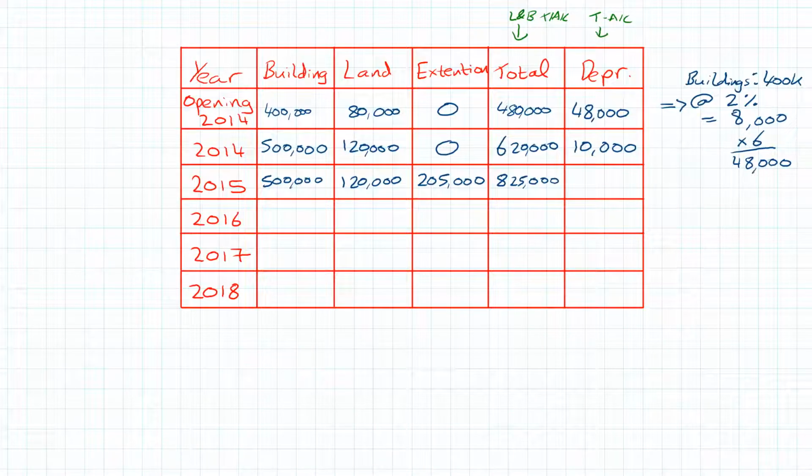So we're going to get 2% of either 205 plus 500, or you could say 825 minus 120. The same thing. So at the end of the day, it's going to be 2% of 705,000. And what that now gives me is 14,100. Perfect.